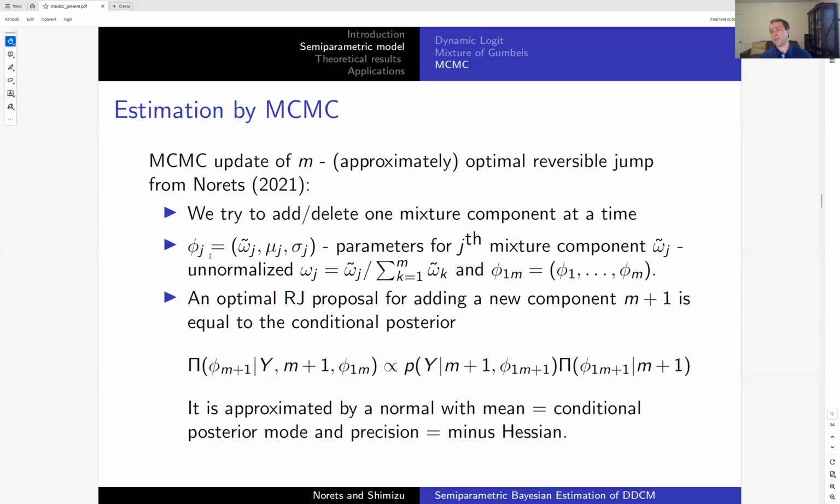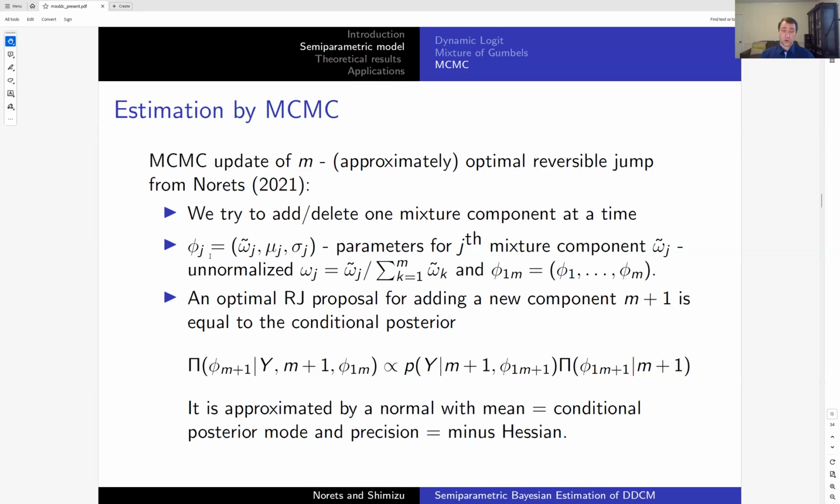And even in simple mixtures, I checked in settings similar to Dirichlet process mixture type settings. This reversible jump works actually better than the alternatives based on Gibbs sampling proposed by Neal and some other people. So I would encourage everyone to take a look at it and try it out. Reversible jump does work reasonably well, at least in these settings.